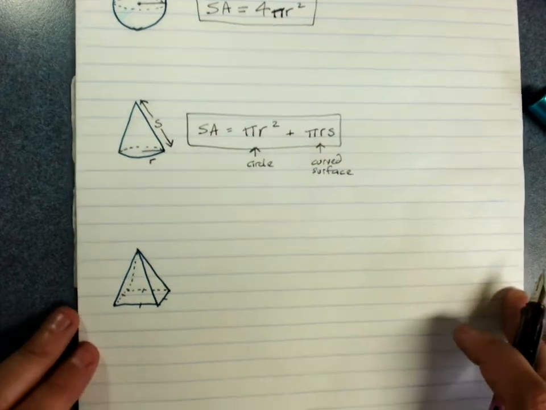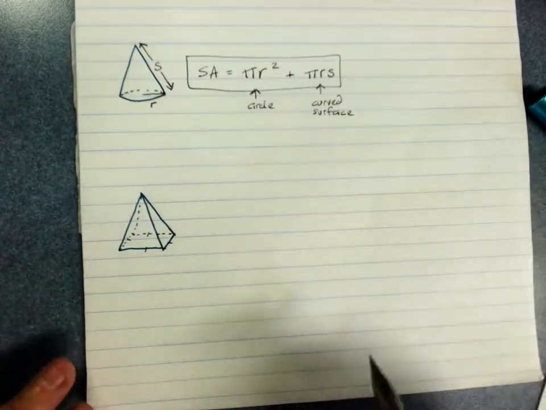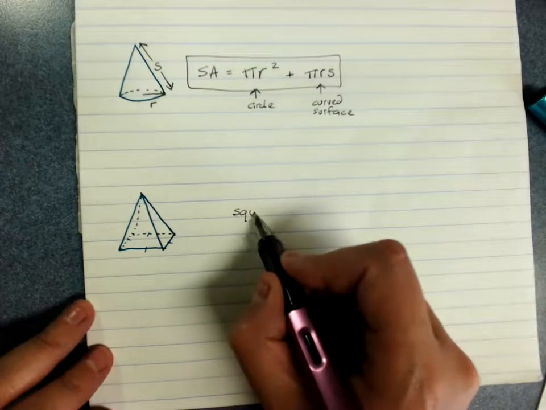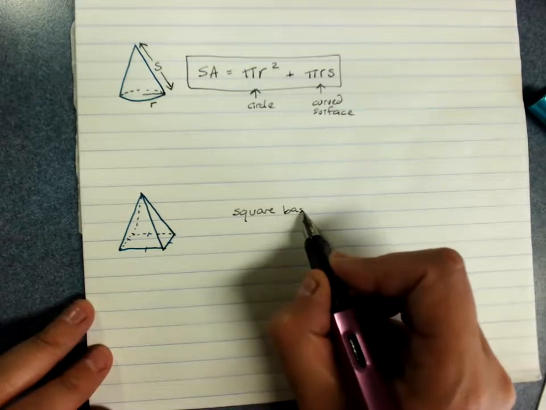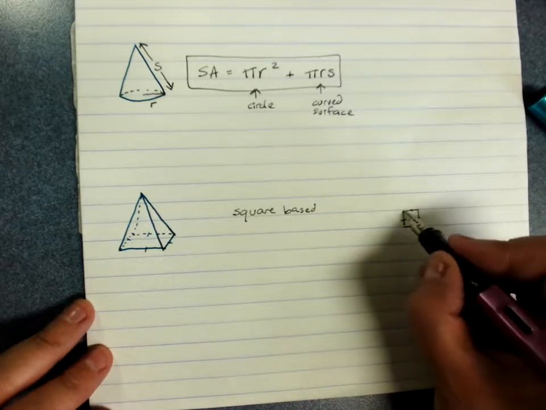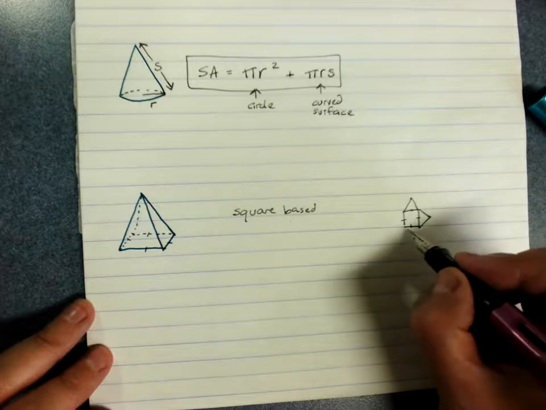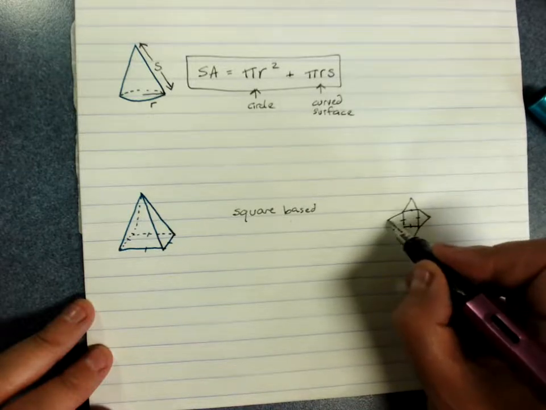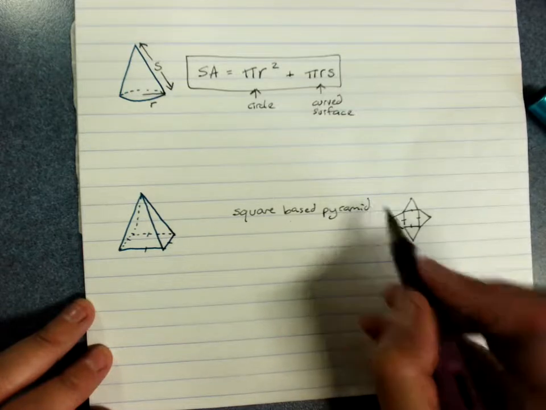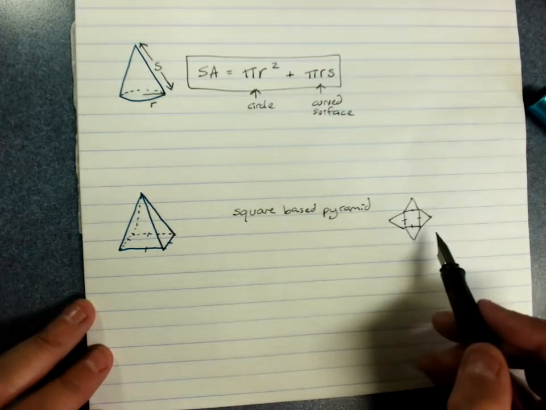Now the only pyramid that we'll learn to find the surface area of is a square-based pyramid. And a square-based pyramid, of course, has a square at the base and then 4 identical triangles. And so we need the area of all of those.